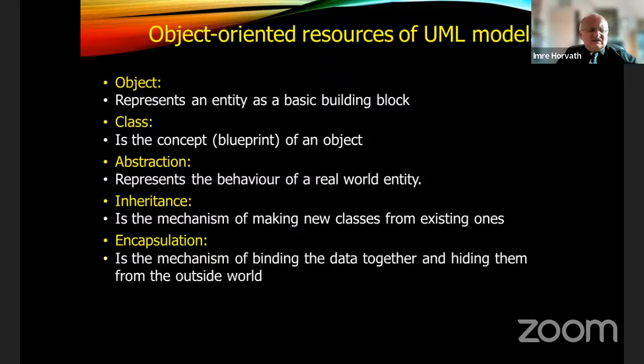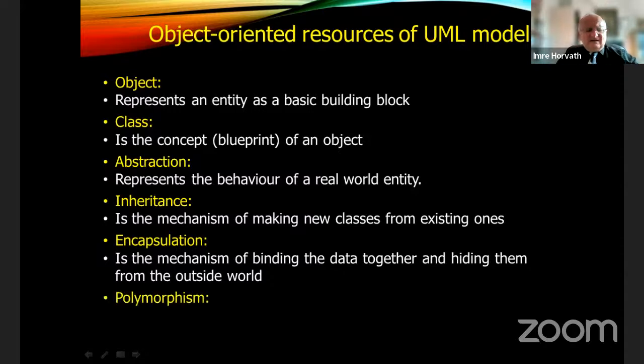Encapsulation is also an important computational element of object-oriented thinking, because every object is actually a closed entity, and it has a mechanism to bind data together and hide them, as well as methods, for instance, which are local from the outside world.